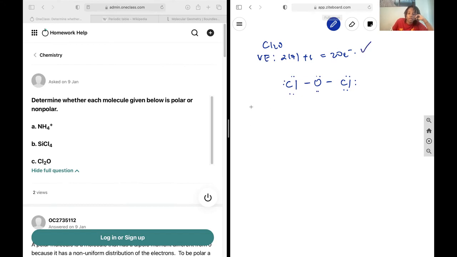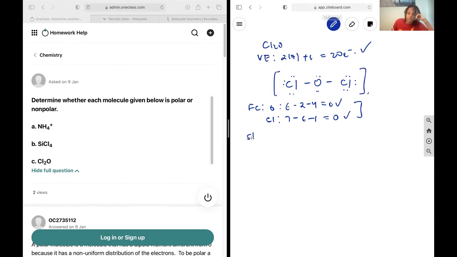Let's double check on our formal charges. On oxygen, we are going to have 6 minus 2 minus 4, 0. On chlorine, we're going to have 7 minus 6 minus 1, 0. So our formal charges make sense. We have a net of 0 as expected, and we've minimized them. And our valence electrons are all taken care of. And so this is going to be our final structure.